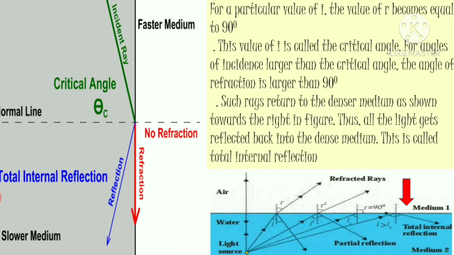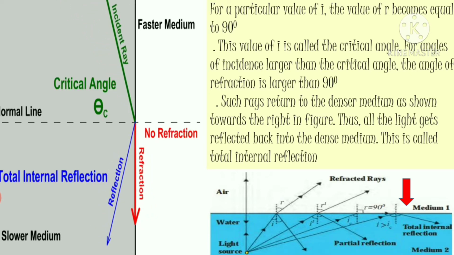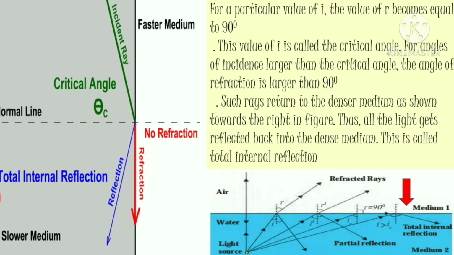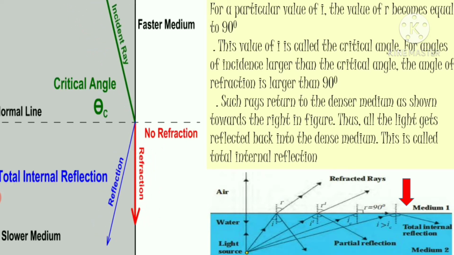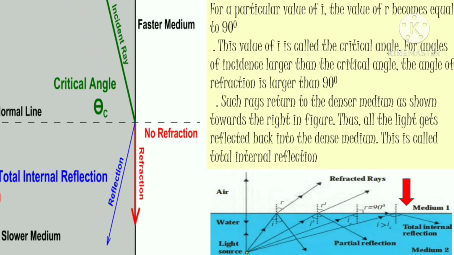For a particular value of I, the value of R becomes equal to 90 degrees. This value of I is called the critical angle. For angles of incidence larger than the critical angle, the angle of refraction is larger than 90 degrees.